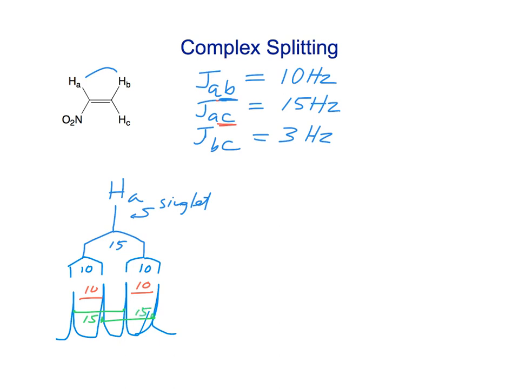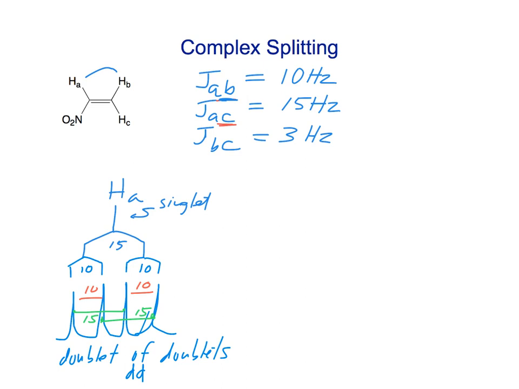That's where you'd find the second coupling constant. And because there's 2 doublets involved here, we call this a doublet of doublets, or we just go DD.